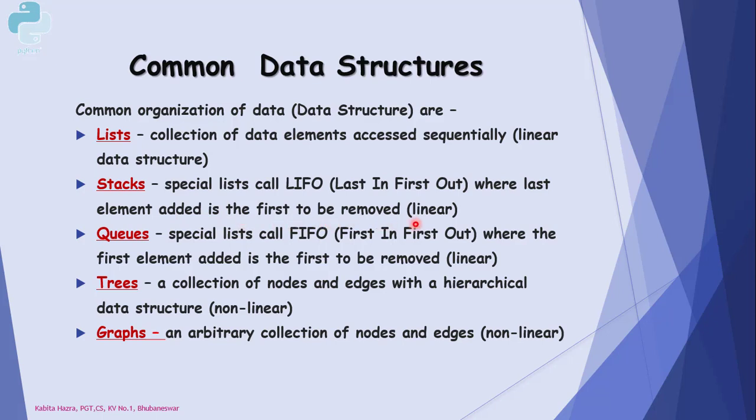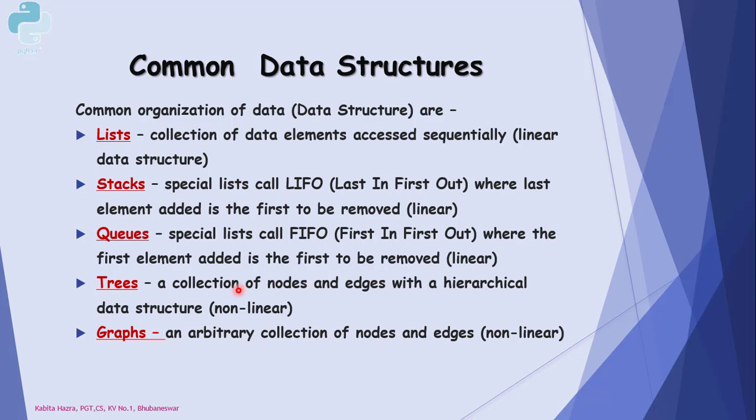It is also a linear data structure. Queues are also special data structures known as FIFO or first in first out lists. They can be implemented using a list, where the first element added is the first to be removed. This is also a linear data structure.